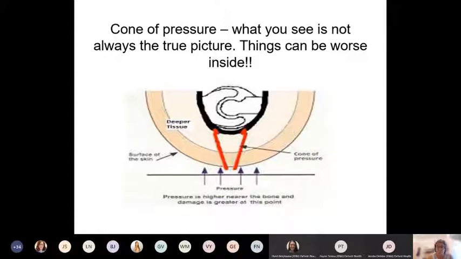And it happens more close to the bone than close to the surface of the skin. That is why you can start off with quite a small ulcer, but then as it debrides, it opens up into quite a large cavity. So when you think, oh, it's not very big on the surface, actually it probably is, because it's all happening down below.